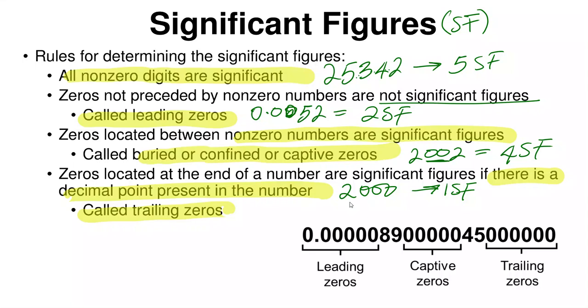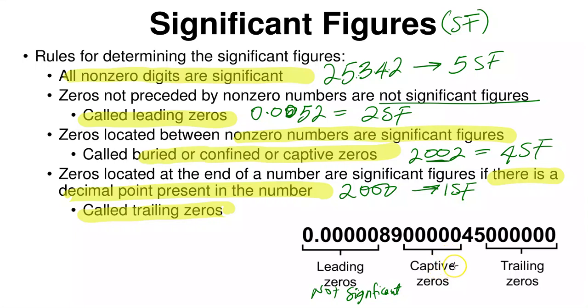I have this example to show. Here, these are the leading zeros. The leading zeros are not significant. Then what about the captive zeros?